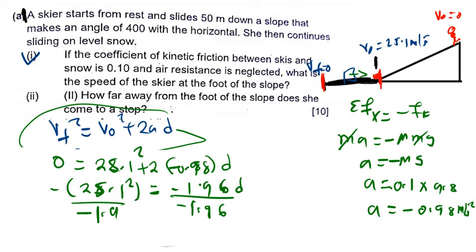So d will be equal to, the negatives cancel, 25.1 squared divided by 1.96. So 321.4 meters. As simple as that. Unless you have got questions.